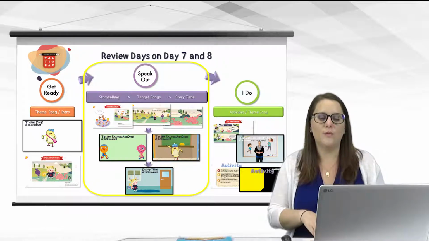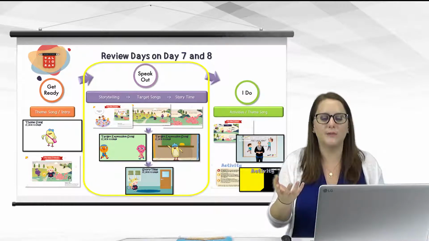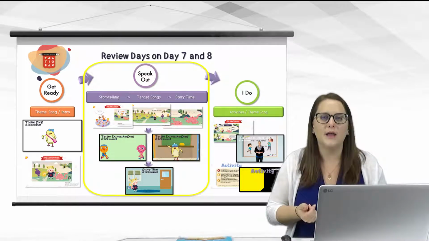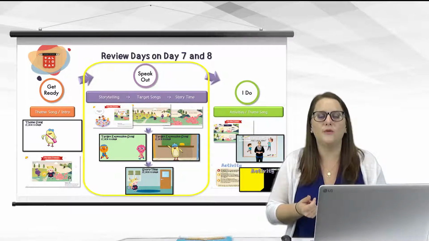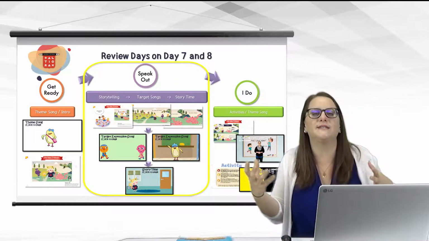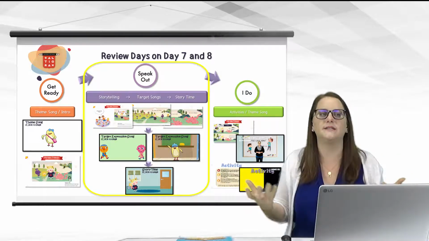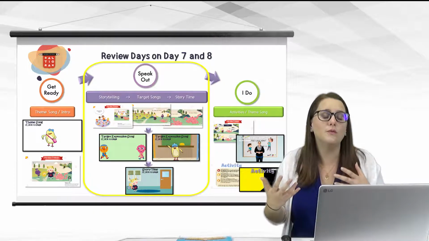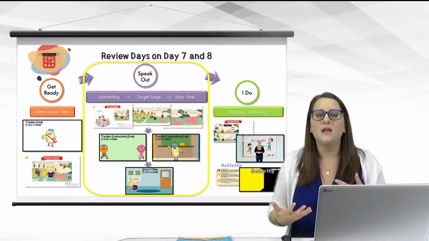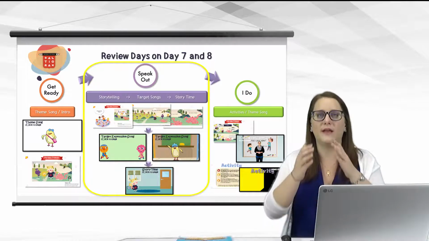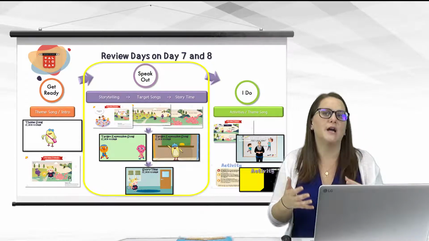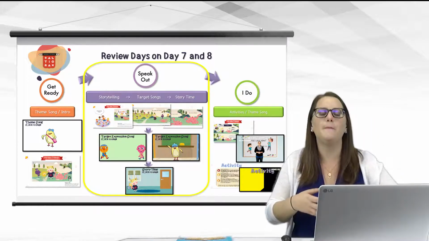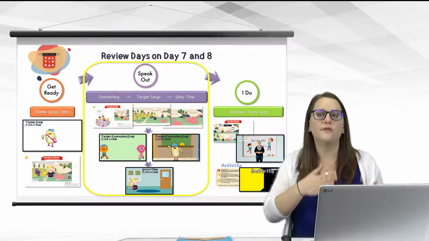When you're looking at the storybook pages, you want those kids to be quick with what's going on, and they should almost be jumping out of their skin because they know exactly what they need to say during that time. And if for whatever reason the kids don't know what to say, then you need to spend your time reviewing, playing with these target expression songs, and making sure they know it through the story time.